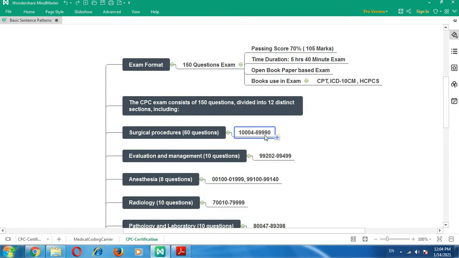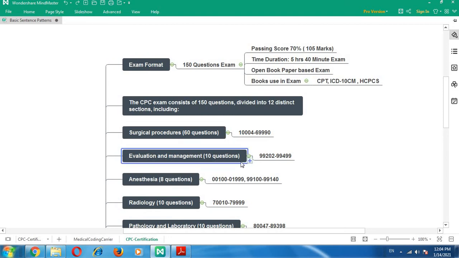The 1 series to 6 series is the series for surgical procedures, and 60 questions are allotted for this particular series. It includes all the surgical procedures, right from the integumentary system, surgeries performed on skin, surgeries performed on the cardiovascular system, surgeries performed on the nervous system. All organ system surgery comes under this surgical procedures section.